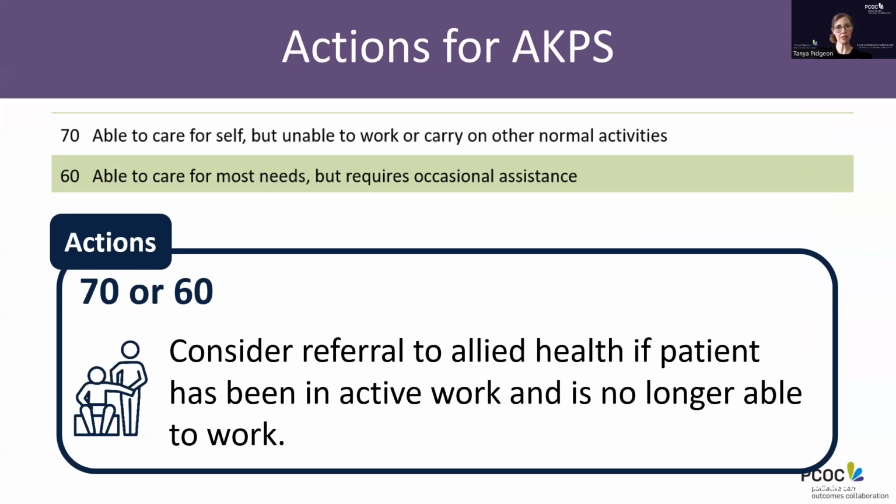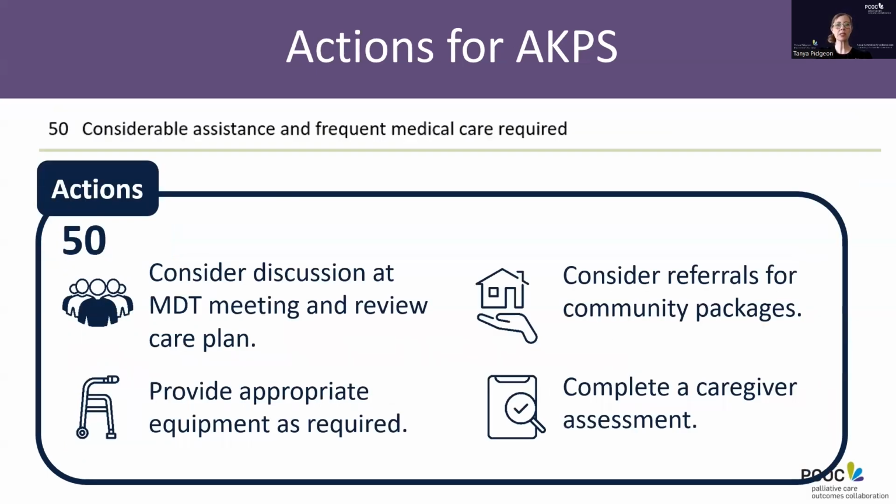As the Karnofsky declines further to a 60, a patient is starting to require a higher degree of physical assistance and medical input. Referral to an OT for equipment needs and/or physio to support ongoing movement may be required. As the Karnofsky declines further to a 50, a patient is starting to require a higher degree of physical assistance and medical input.